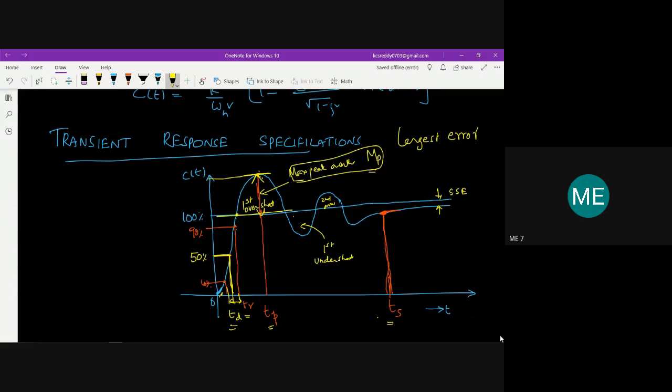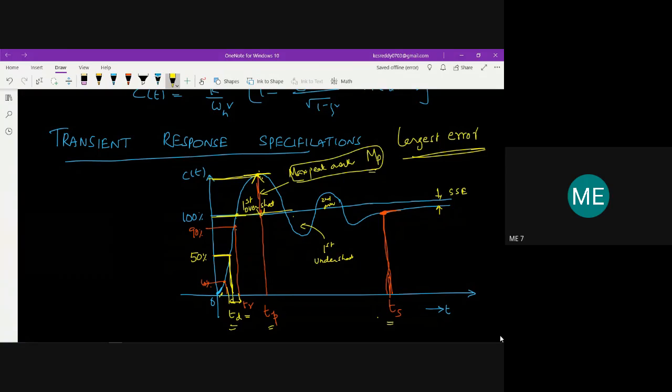It is the largest error between the reference input and the actual output which you got during the transient phase. That is what you call peak overshoot. It is the maximum error between the actual value and the obtained value, the error I have got at the time TP.